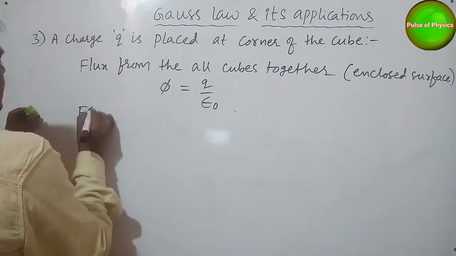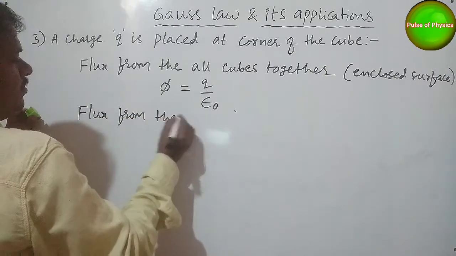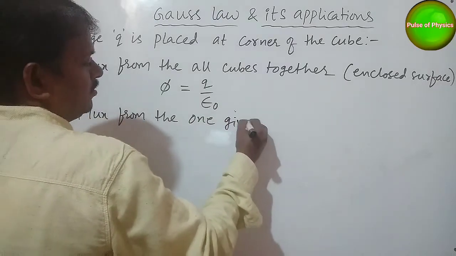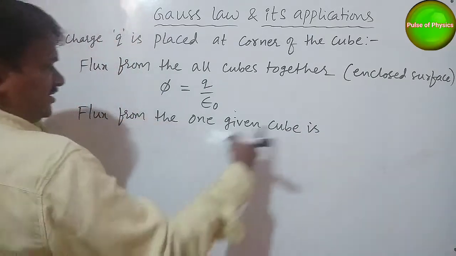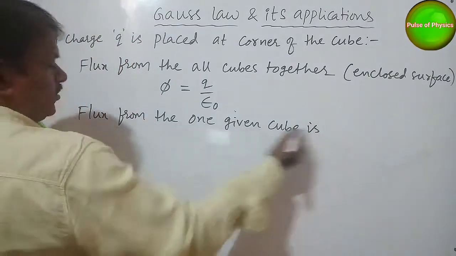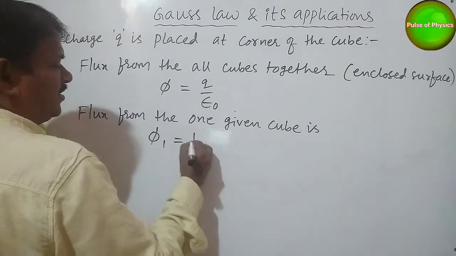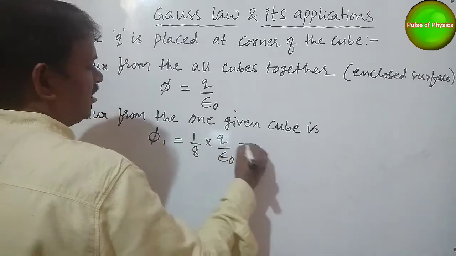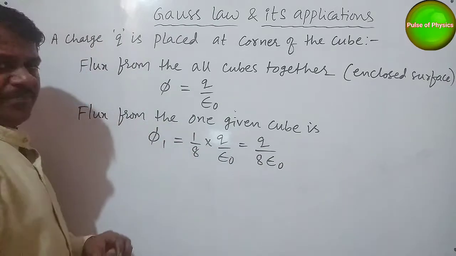Here, flux from the 1 given cube is phi 1, it is nothing but 1 by 8 times the q by epsilon naught. So q by 8 epsilon naught.